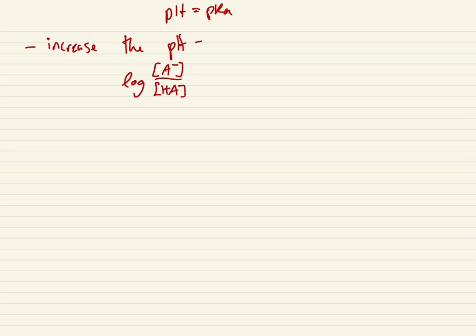If we want to increase the pH, then what does the sign of this need to be? This was our Henderson-Hasselbalch equation, pKa plus logarithm A minus over HA.